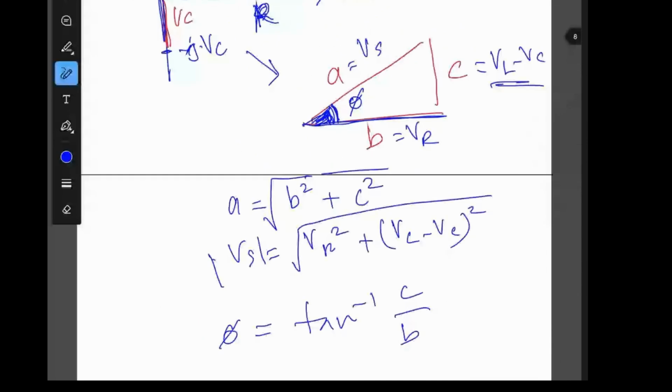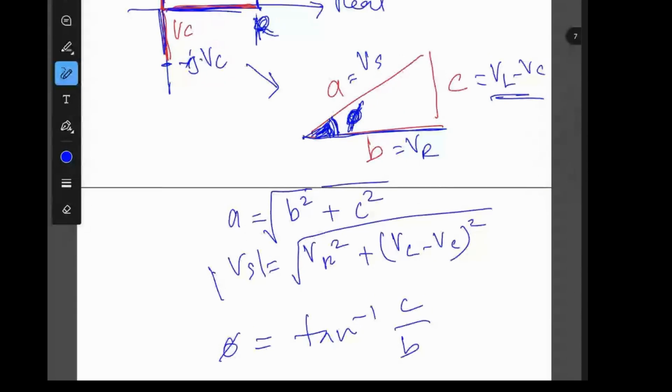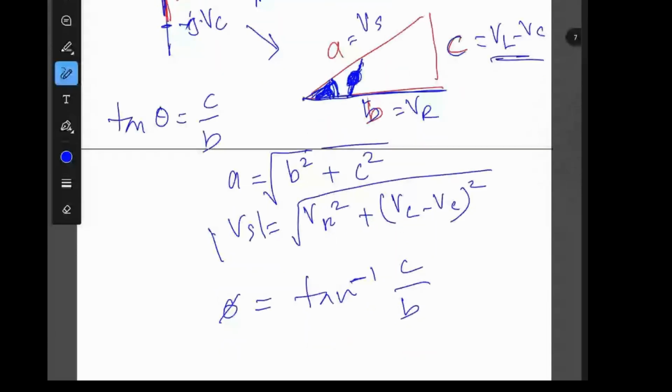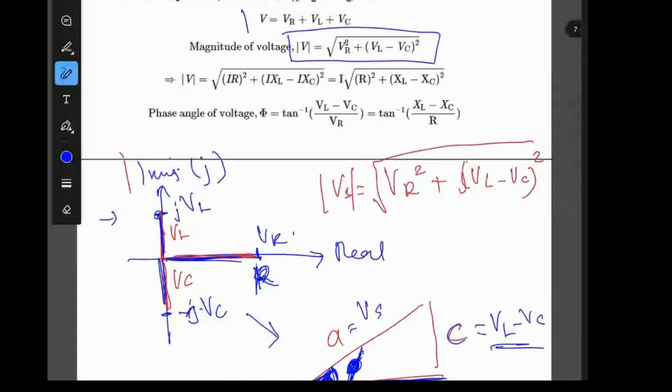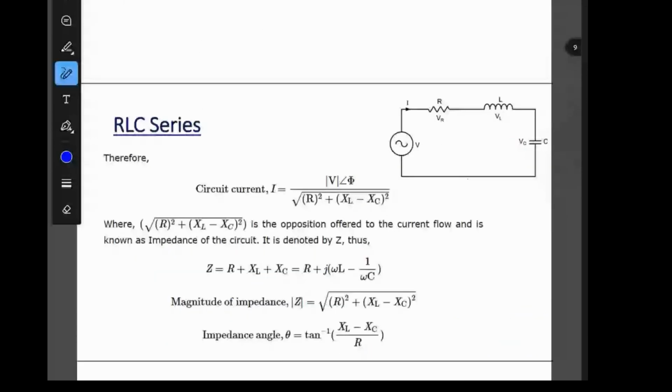This angle, trigonometry, yeah? This angle: tangent theta is equal to C over B. So theta will be equal to inverse tangent of C over B, where C is equal to VL minus VC and B is equal to VR. Okay, so now we have this angle. All right.